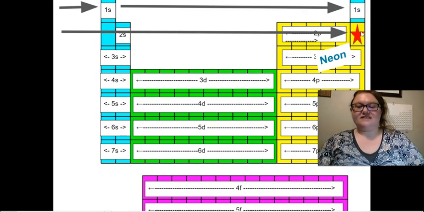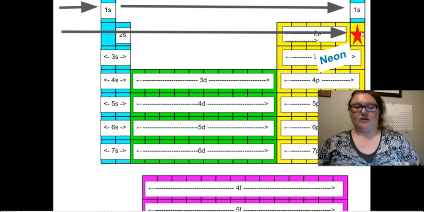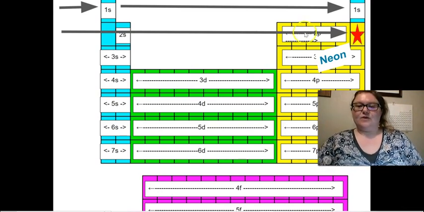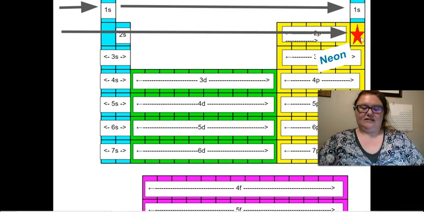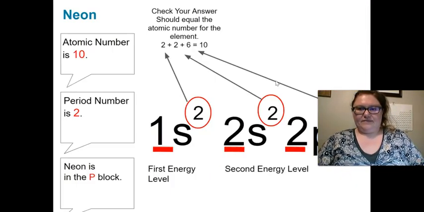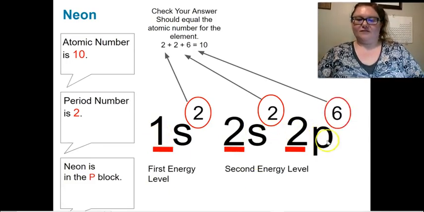We've completed this section, but more importantly, it's where the element is that we're going to stop. We said this area was 2p and the 6th block in, so that's why we wrote all of this configuration you see on the screen.